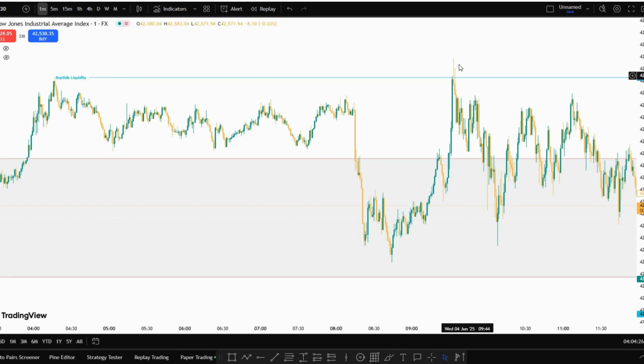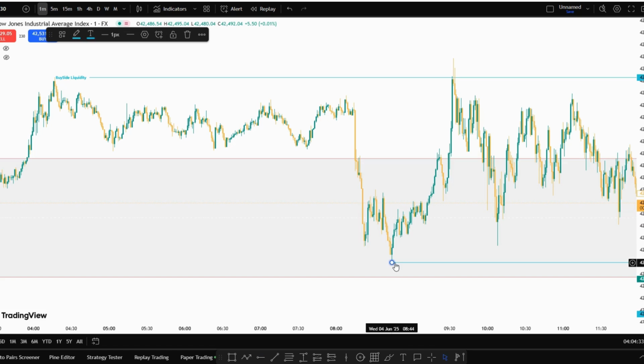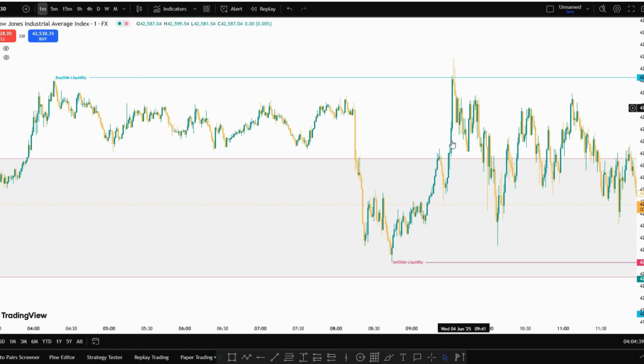So New York's opening took buy side and they were sell side at this level, right? And they were sell side at this point in price. So this was basically a trap. So buyers got in this market and price then did the opposite of that. So it was a manipulation and then the distribution.